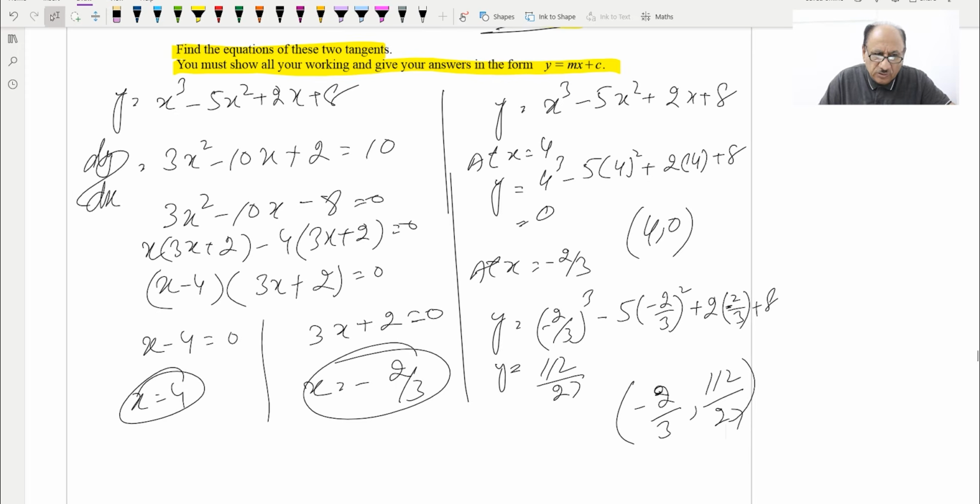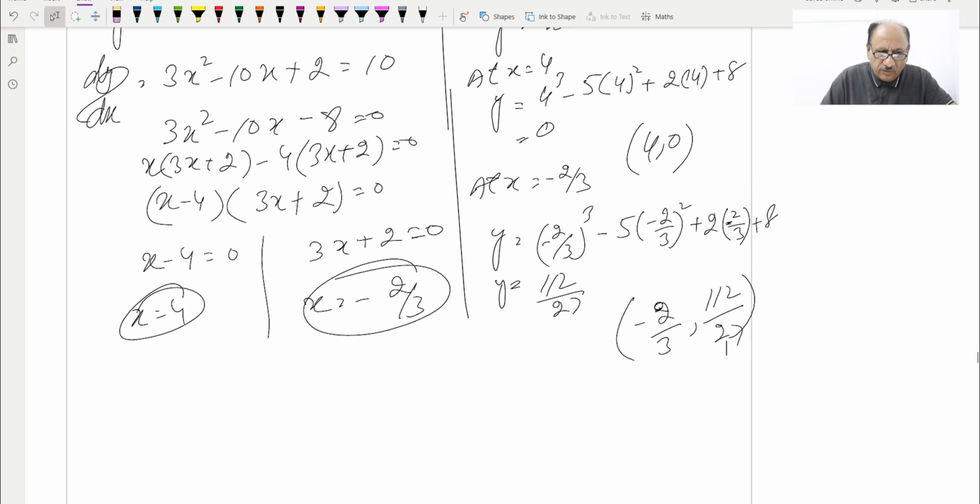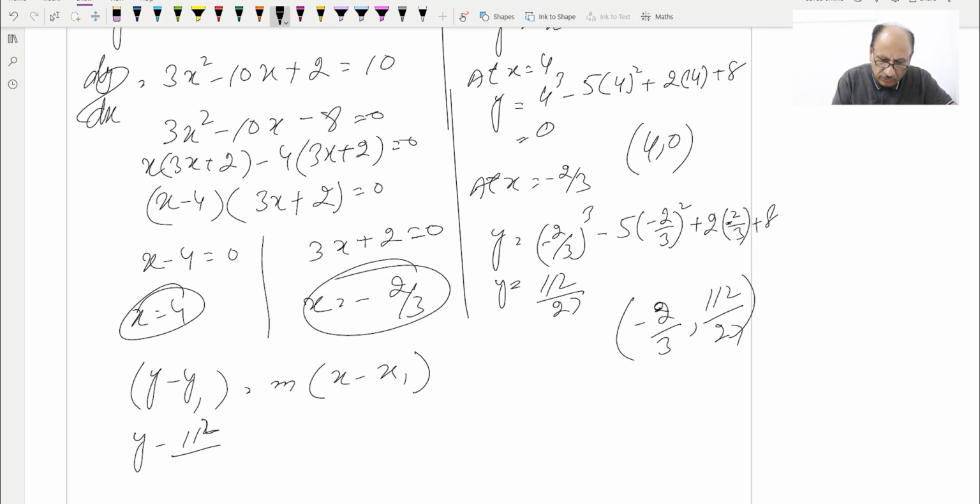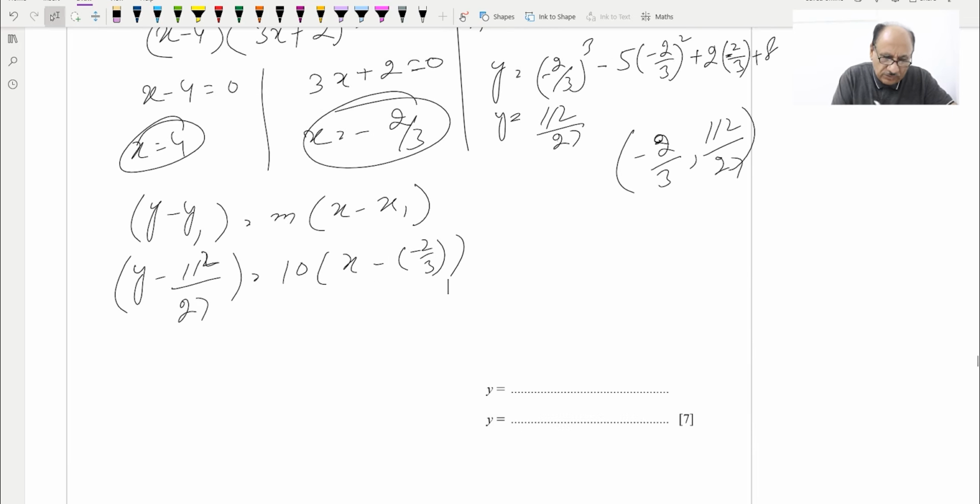So now we have got these 2 points, and further we can use y minus y1 is equal to m into x minus x1. We know that the gradient is 10, so we'll replace the value. So y minus 112 over 27 is equal to 10 into x minus x1, which is minus 2 over 3, and now we can simplify.